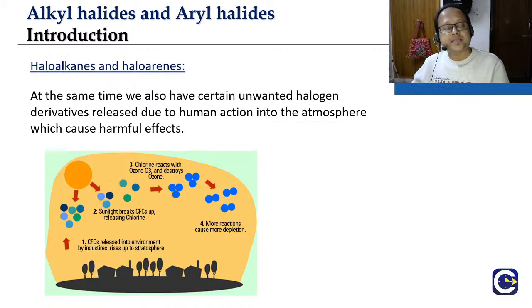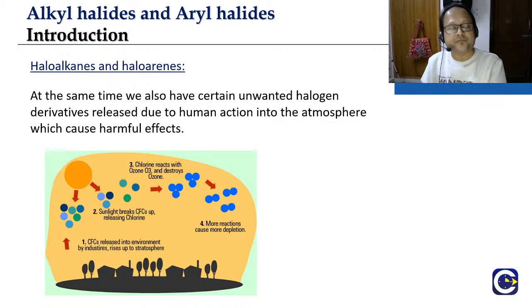So all this, and also when these CFCs, that is chlorofluorocarbons, get released in the atmosphere because of various human actions, like in fridges we used to have CFCs first as a coolant. Now it has been banned across the globe, knowing its devastating effect on our atmosphere. Suppose small factories are releasing these CFCs, and our residential homes, because of the fridges and ACs, are releasing these CFCs, right?